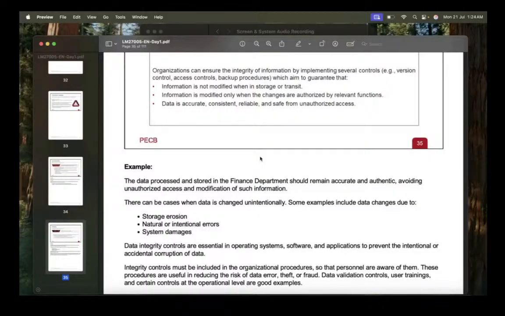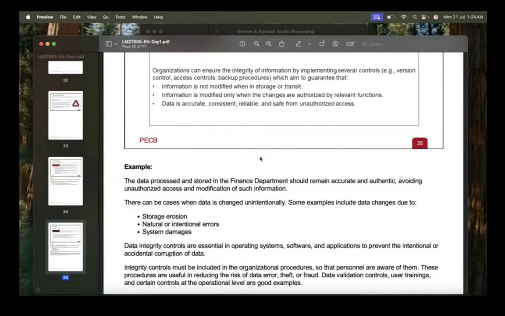Sometimes the system just collapses and the information gets modified by itself, or the department would not have access to it. So these are the cases when the data changes. That is where data integrity plays an important role.